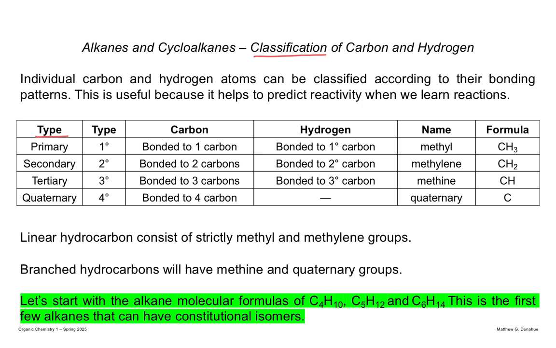For the carbon of interest, you're just looking at how many other carbons are bonded to it. Then for hydrogens, we've used these terms methyl, methylene, and methine. And it's just the way, when we learn reactions, I'll say, okay, the reaction is taking place at a methine hydrogen.